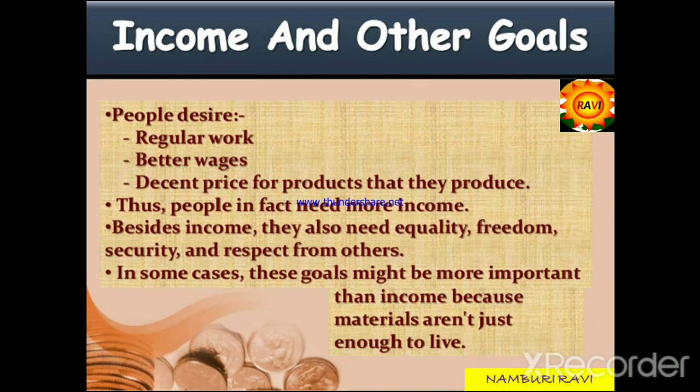People desire regular work, better wages, and a decent price for the products they produce. Thus people in fact need more income. Besides income, they also need equality, freedom, security, and respect from others. In some cases these goals might be more important than income, because material things are not enough to live.